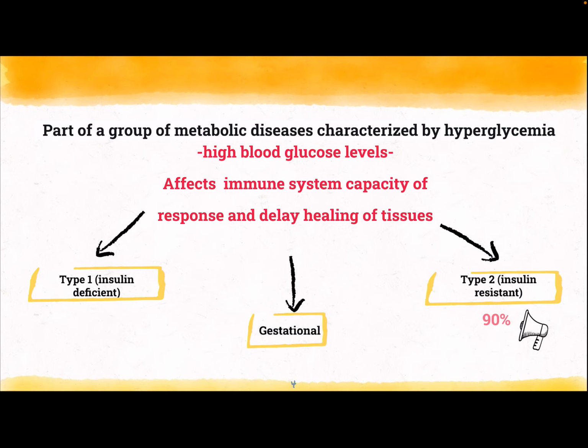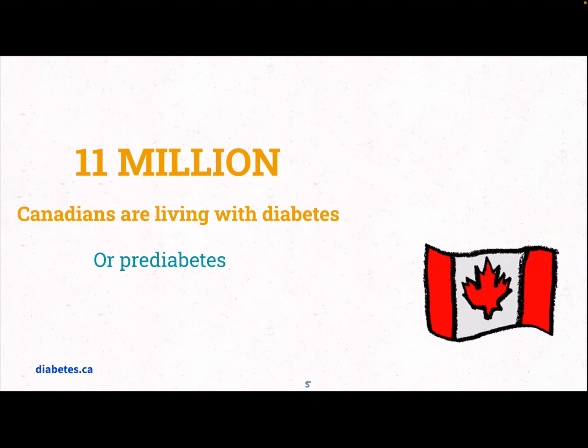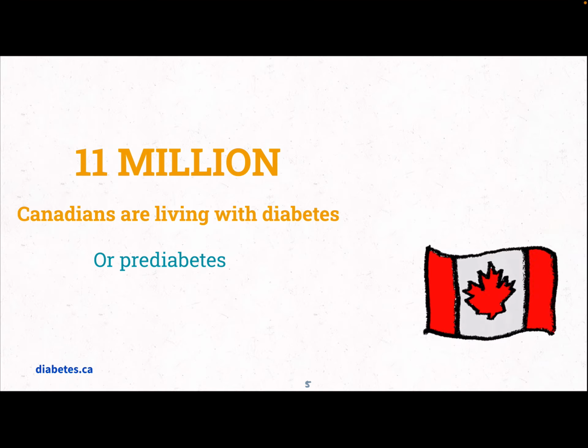We have type 1, which is insulin deficient; another type, which is gestational; and type 2, also known as insulin resistant, which makes up about 90% of the cases of diabetic people. In Canada right now, more than 11 million people are living with this disease or prediabetes.